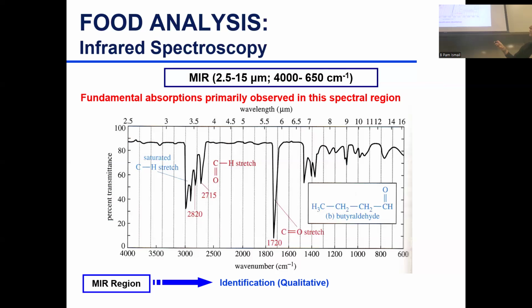When we know the transmittance of each functional group at different wave numbers, we can elucidate or identify the structure of the molecule. In this case, butyraldehyde. So it is used for structure elucidation and identification by knowing the percent transmittance of different functional groups within the molecule.